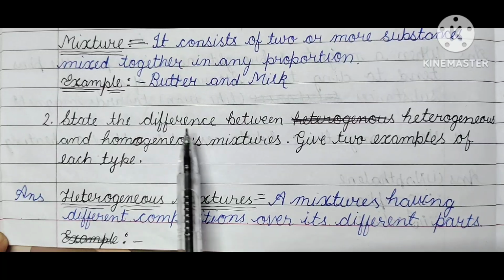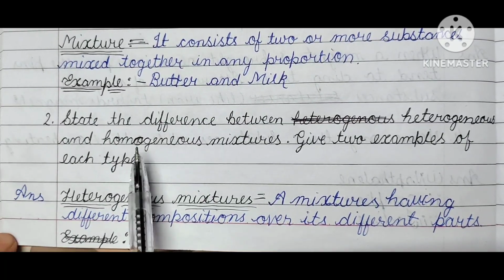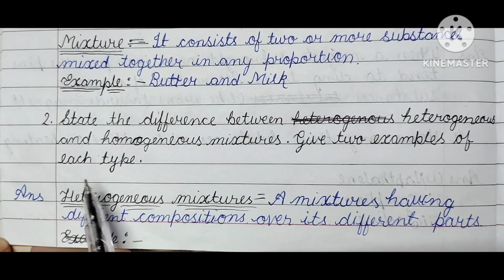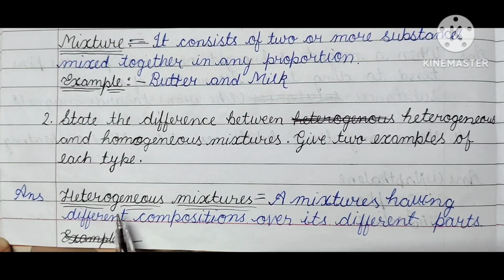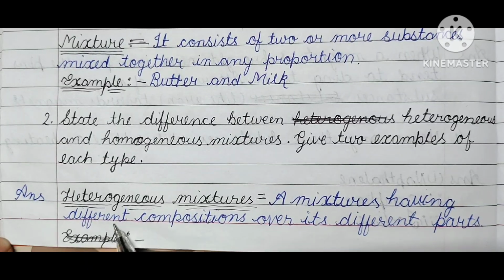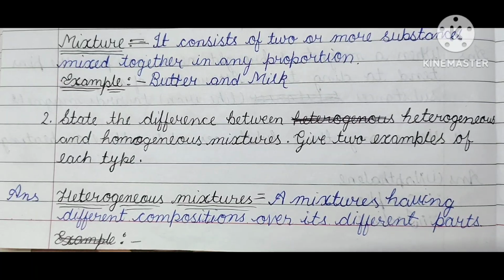Second, state the difference between heterogeneous and homogeneous mixture. Give two examples of each type. Answer. Heterogeneous mixture. A mixture having different compositions over its different parts.